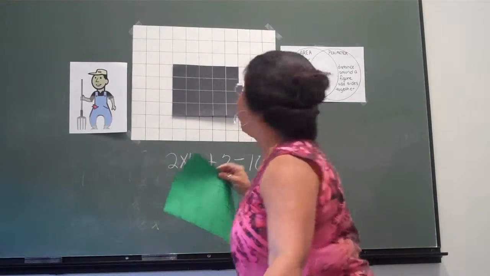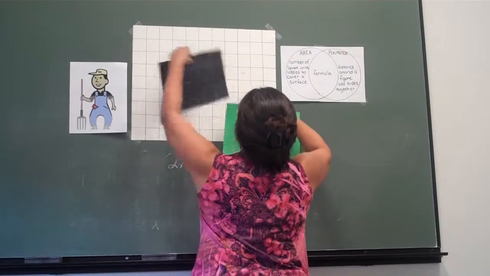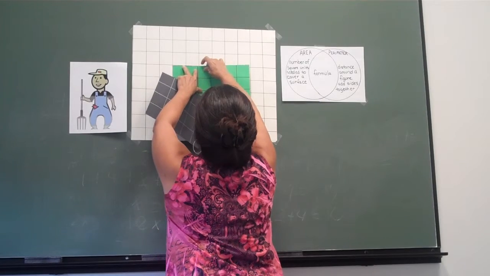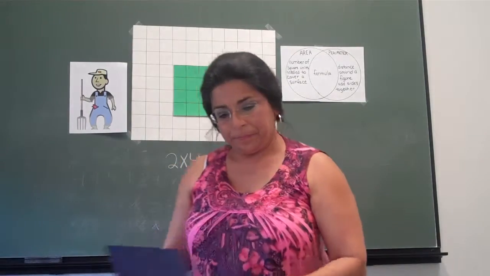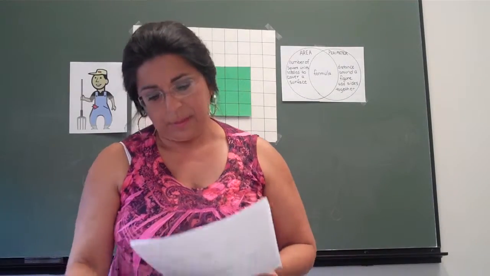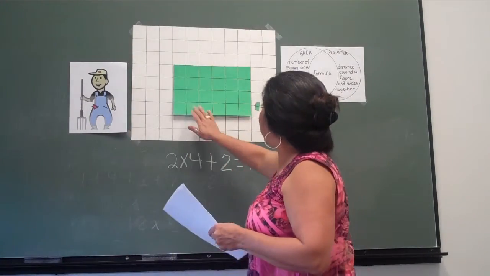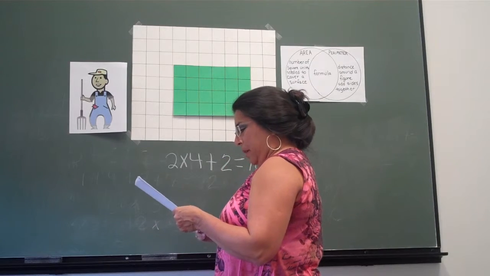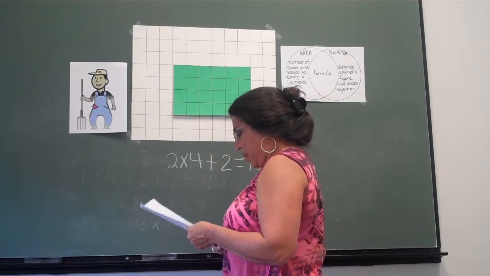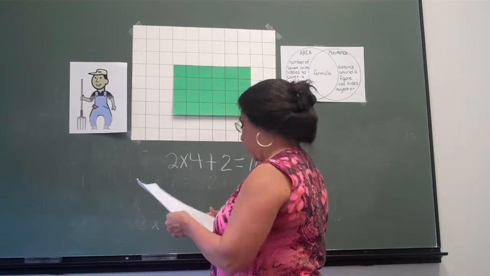Farmer Brown wants to plant a garden, and he needs to measure the length and the width of his garden by square feet. Here's the length and here's the width.